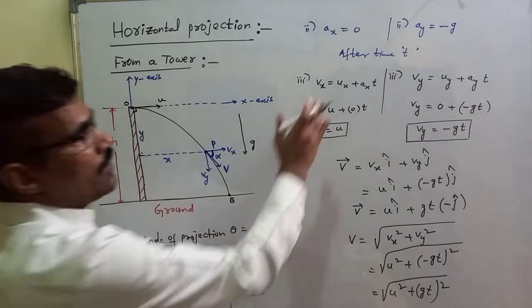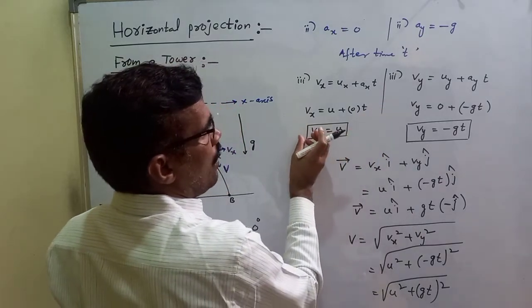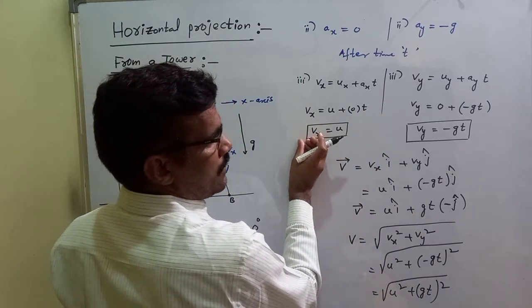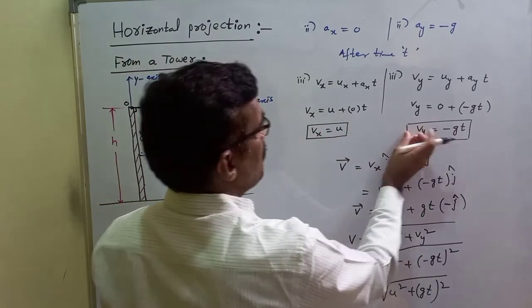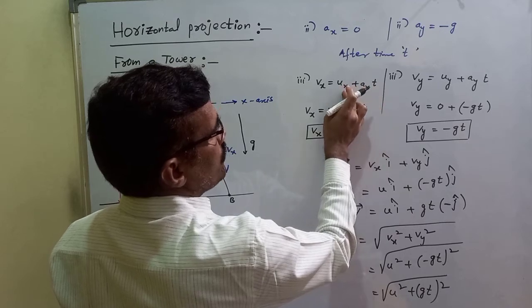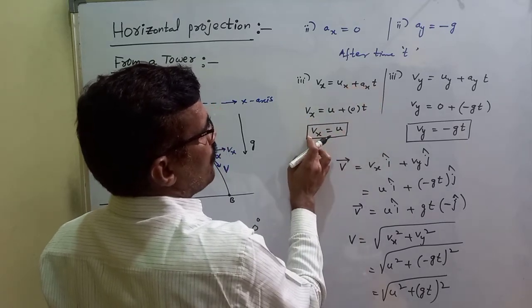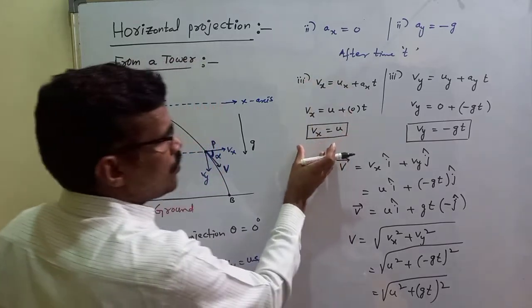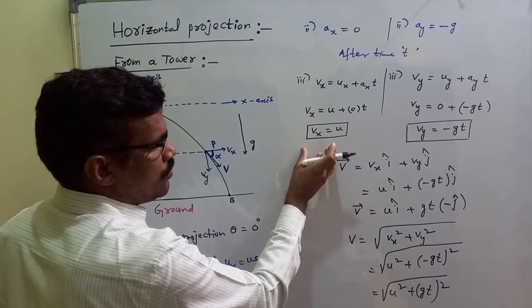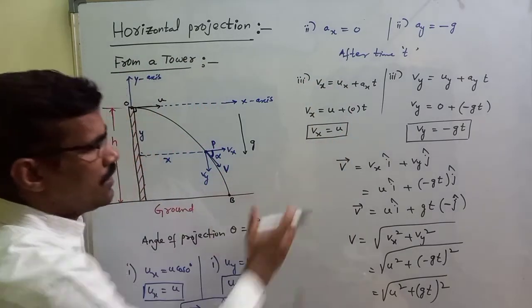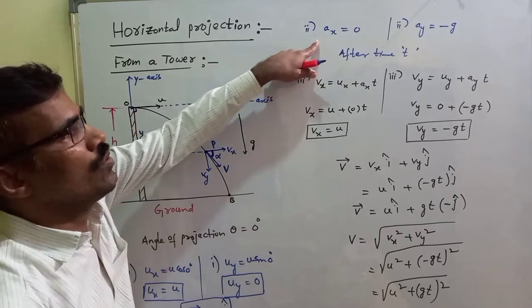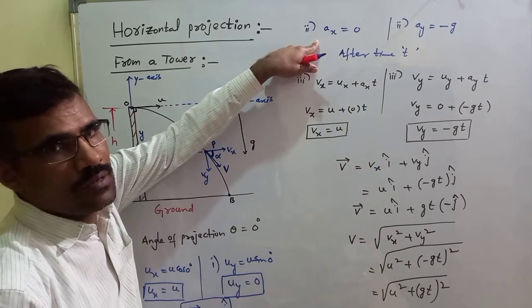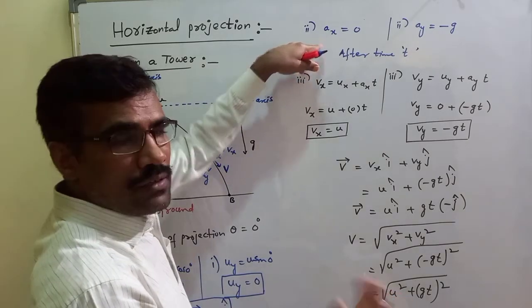Clear? Then after time t, what is the horizontal component of velocity, and what is the vertical component of velocity? Ax is 0 and ux is u. That's why Vx is equal to u after time t. There is no change in velocity in the horizontal direction because there is no force or acceleration in the horizontal direction.